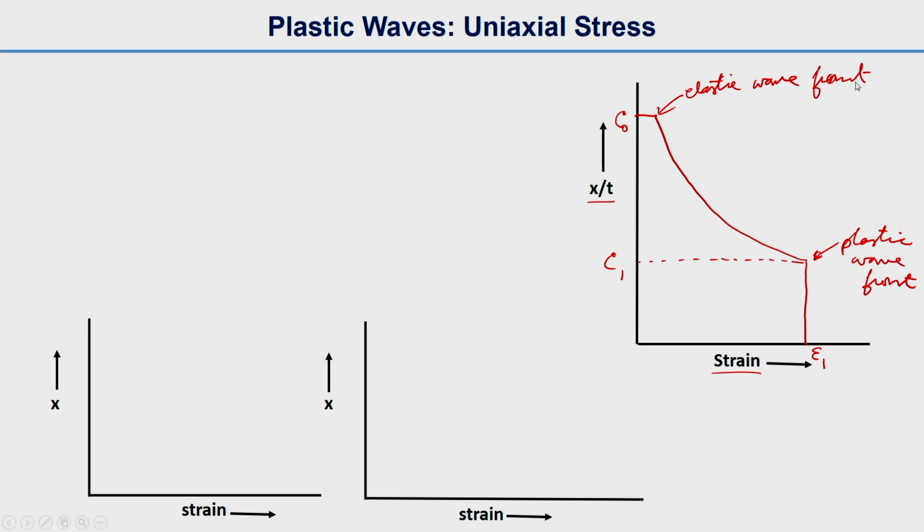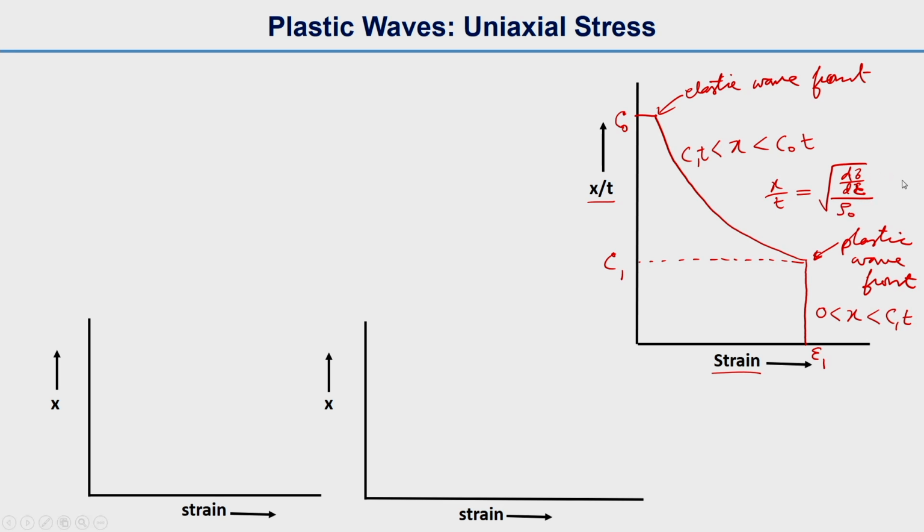As we discussed, this is region number 1, where x takes the value from 0 to C1t, and this is the region where x is greater than C1t and smaller than C0t, where x by t will look like this.